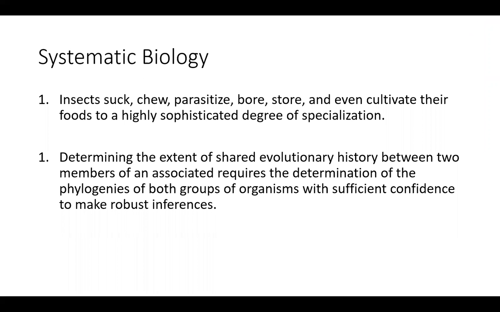So here's another example I want you to look at, and Helen uses this example in her book. Both of these pieces of text were taken from a systematic biology journal. So if you have this first sentence, it says insects suck, chew, parasitize, bore, store, and even cultivate their foods to a highly sophisticated degree of specialization.